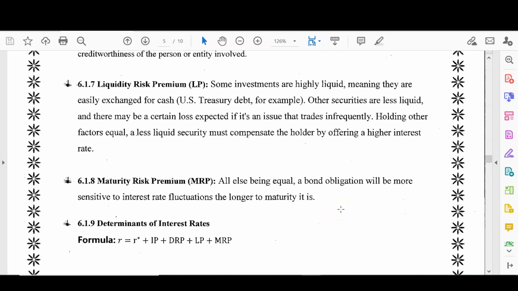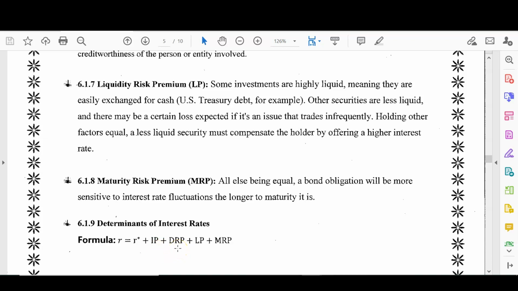Here are the 4 risk premiums for bonds, and we treat these premiums as determinants of interest rates. The interest rate R equals R star. We start from R star, the real risk-free rate, for risk-free assets. If we add inflation premium IP, R star plus IP becomes the nominal risk-free rate for risk-free assets.